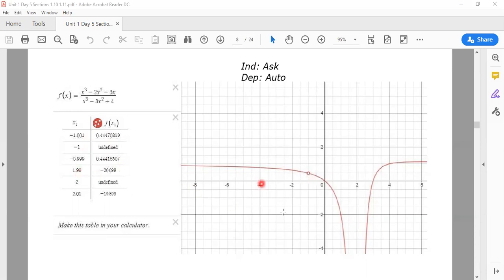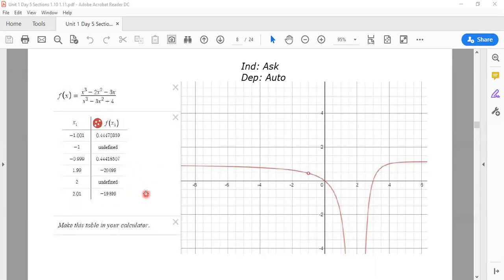Okay. And then, of course, at 2, we see that these are just negative, like so much. I mean, these are kind of close to each other, but not close enough for me to say that they're approaching -20,000 or something like that. Plus the graph is just ever decreasing, and this one's already beyond -20,000.